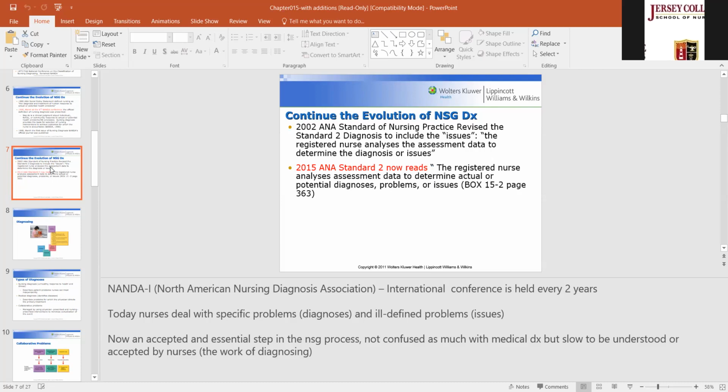It's now accepted and an essential step in the nursing process. It's not confused as much with the medical diagnosis, but we're working on getting it more and more accepted. So, being able to analyze, assess, and make a nursing diagnosis. Now in 2015, the standard reads, the registered nurse analyzes assessment data to determine actual or potential diagnoses, problems, or issues. So that's their new social policy statement for us.